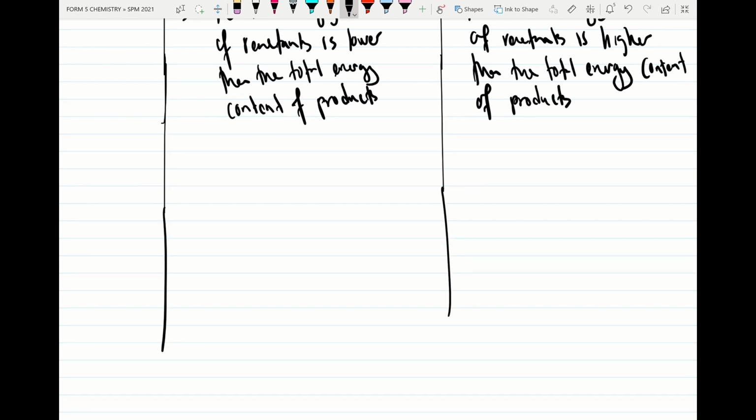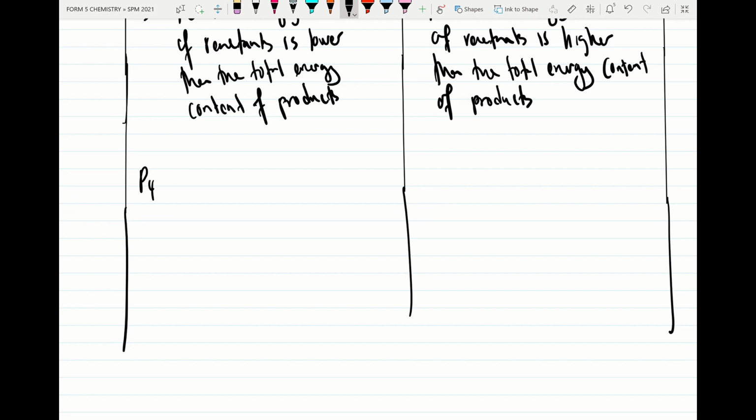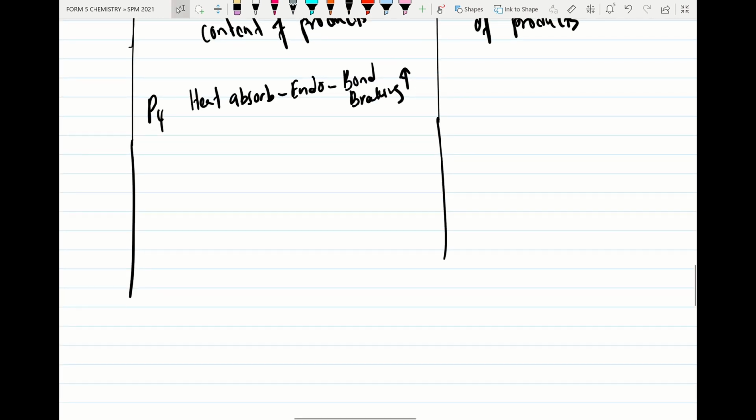All right, we move on to the next one, point number four. We have to talk about bond breaking and also bond forming. So here, please remember this reaction is absorbed. When it is absorbed, the reaction is endothermic. Endothermic reaction, please remember, bond breaking reaction is higher compared to the bond forming. So how to answer this one?